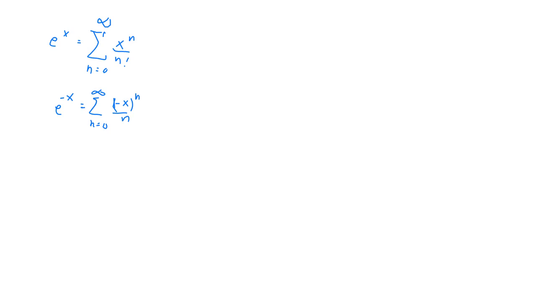I like to think of it like this. I like to think of if I had e of an apple. Okay, e of an apple. Well, all right, what would the power series be for e to the variable apple? You just plug in apple where the x goes.